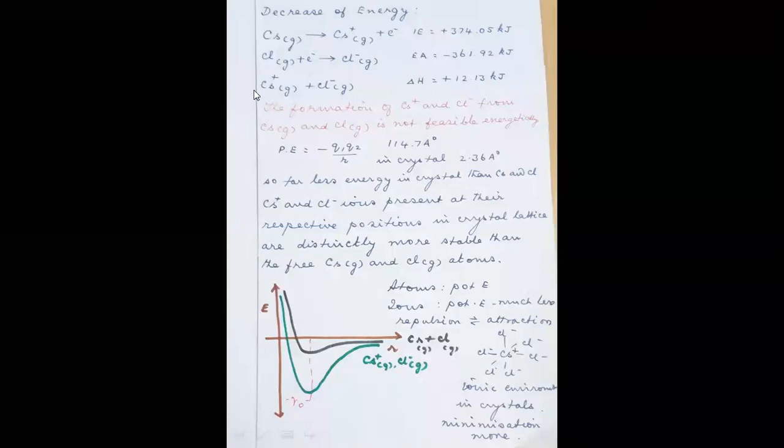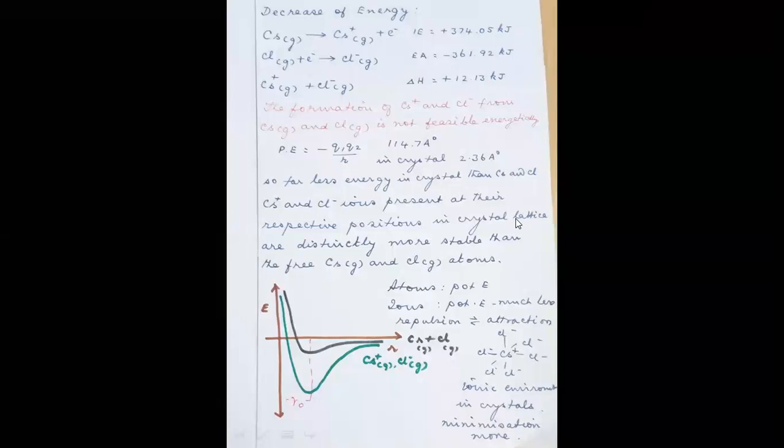Suppose you measure the ionic radius of cesium and the ionic radius of chlorine, you can see the distance between these two ions will be 114.7 angstrom unit. But in the crystal, it is found to be 2.36 angstrom unit. They are much closer. So there is far less energy in the crystal than in the cesium and the chlorine.